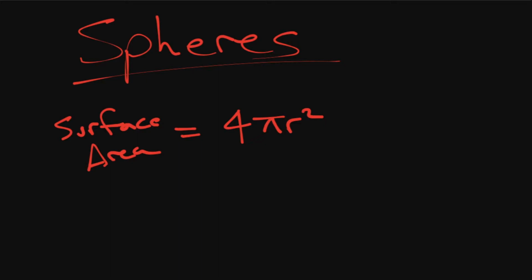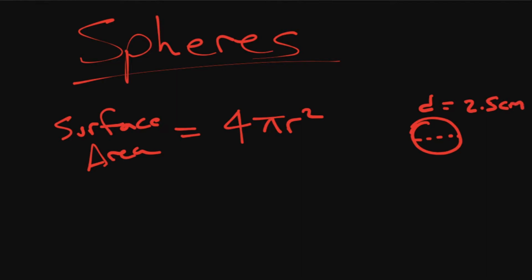Let's say we have a ball or a marble that has a diameter. A diameter is from one end to the other end. Let's say the diameter is 2.5 centimeters.